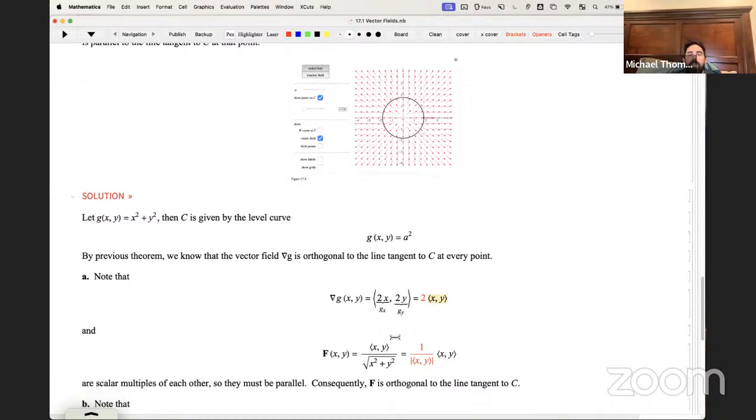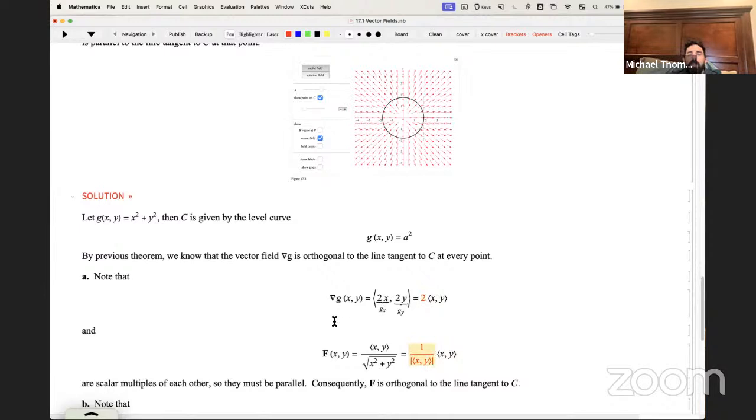Okay, well, look, your vector field, the one that was given, we could rewrite it like this. That's just a scalar downstairs, so we could pull it out front. So look, I've got the gradient of G is this guy, and I've got the vector field F is this guy. Notice these vectors are parallel. These are just scalars in front.